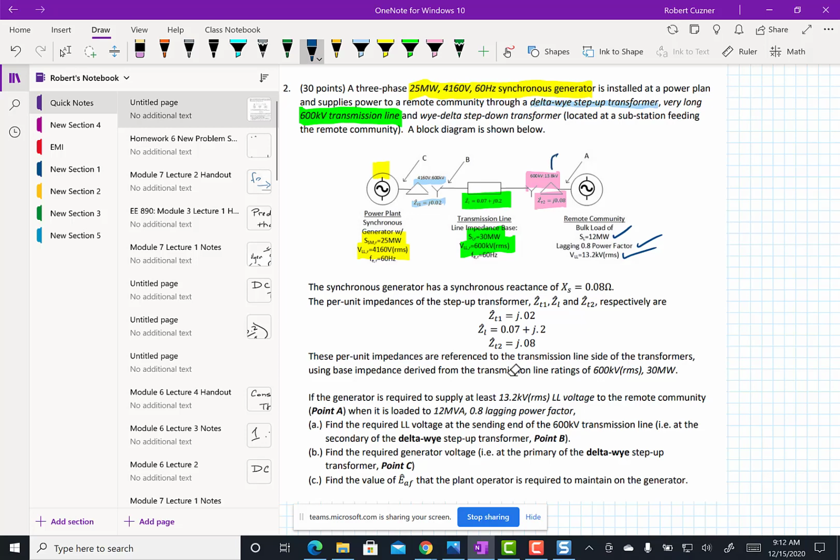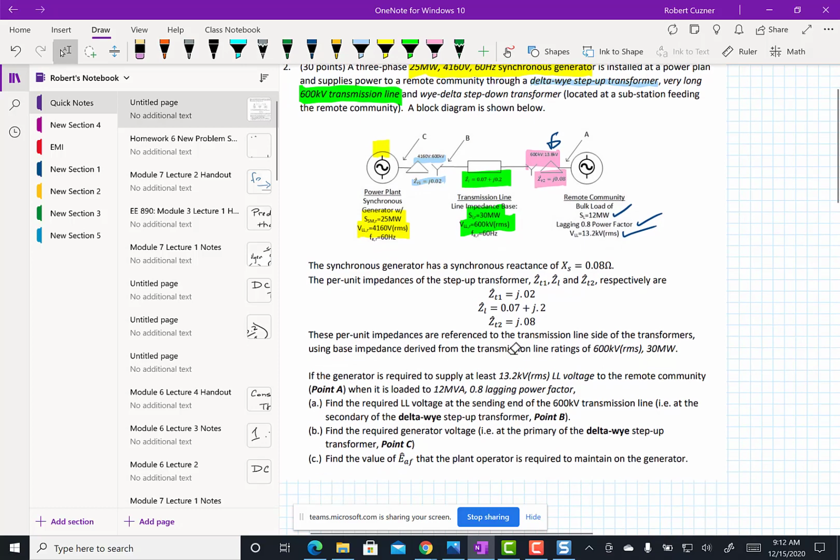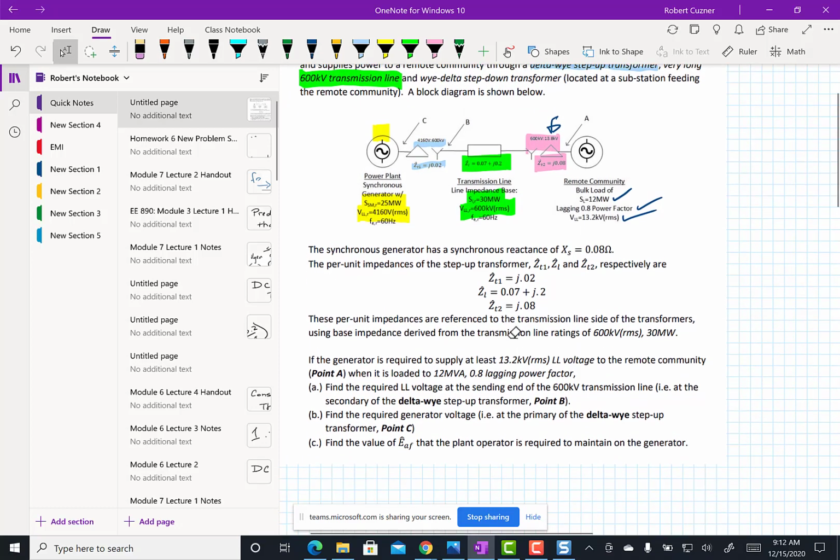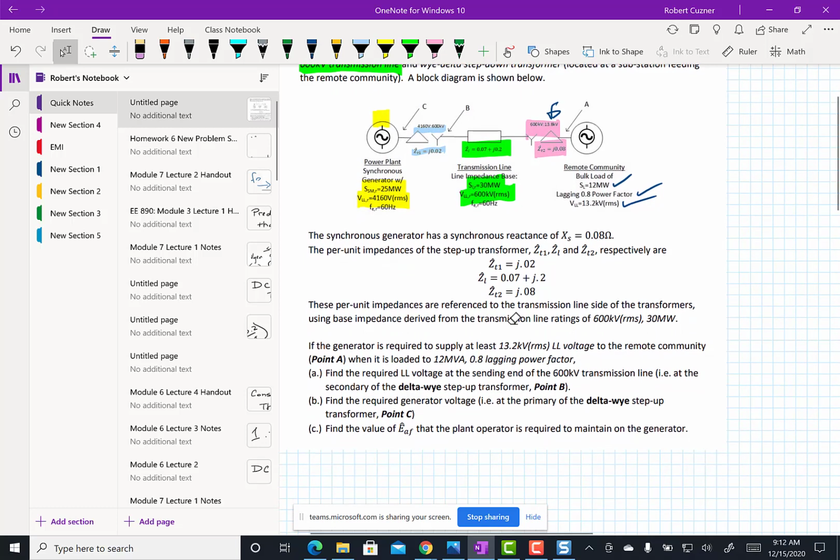So notice the transformer rating is 13.8, but the voltage is lower. And you've got to pay attention to what is the voltage of the load first. And there's a sequence typically of solving these problems. So I state pretty clearly here, you've got 13.2 kV line to line, feeding a 12 MVA load, 0.8 lagging power factor.